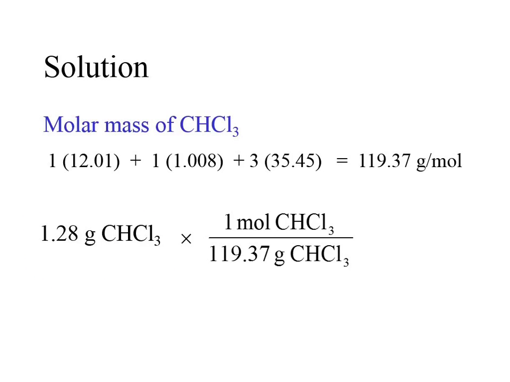So if we make our next term 1 mole over 119.37 grams, and again, you could put the CHCl3 if you want to, but it's not really necessary if you're only dealing with one thing. So doing it this way, grams will cancel perfectly, and we're left with units of moles, and cheers to everyone. That's exactly where we wanted to be.